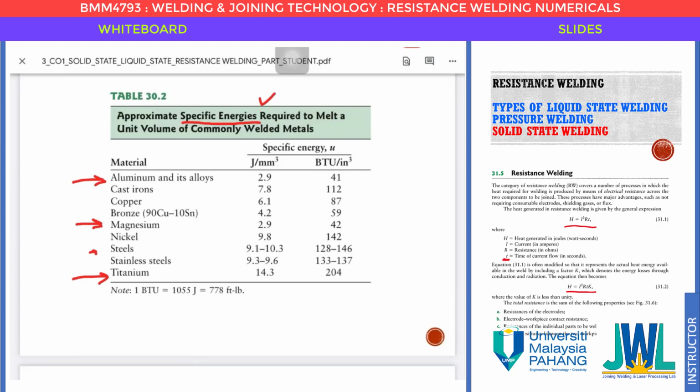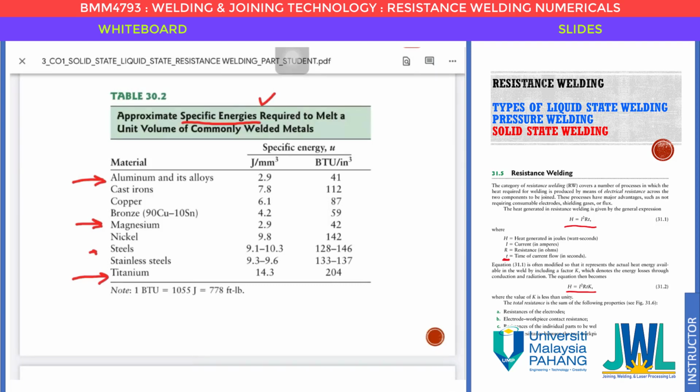For aluminum and magnesium, specific energy is 2.9, but in terms of British thermal units, magnesium requires 42 and aluminum requires 41. So the least is aluminum, followed by magnesium, and titanium requires the highest amount of energy. This table is very important if you want to calculate the heat energy required to melt the material.